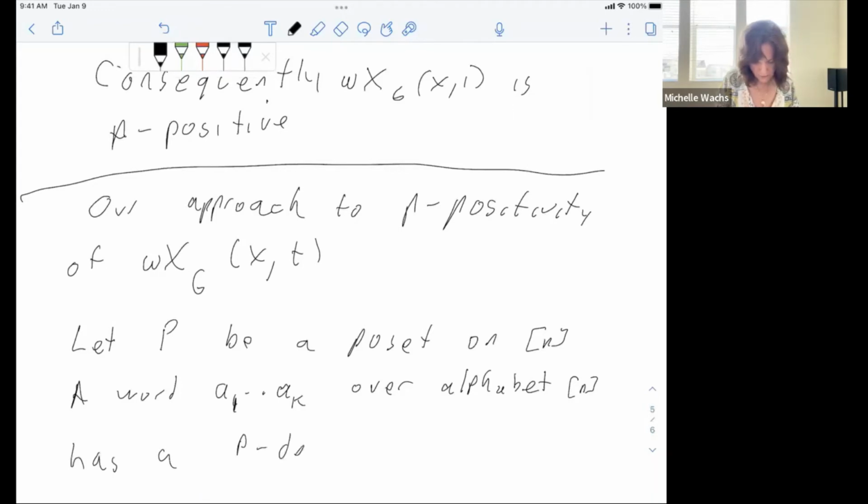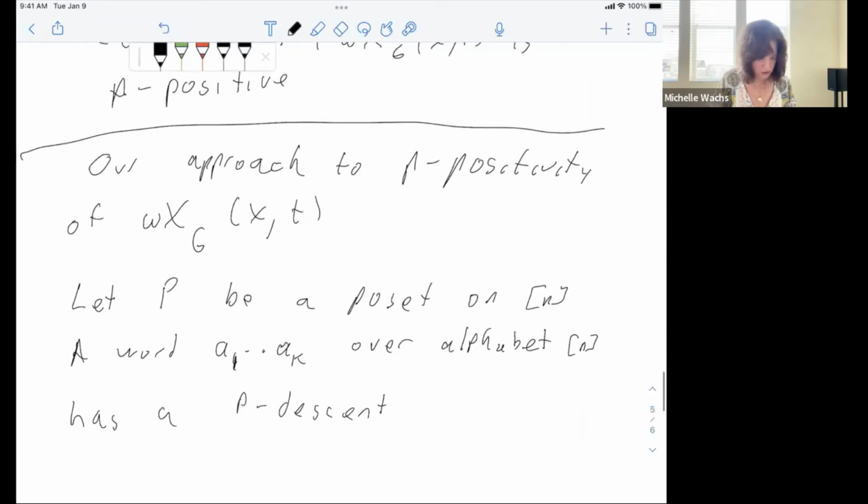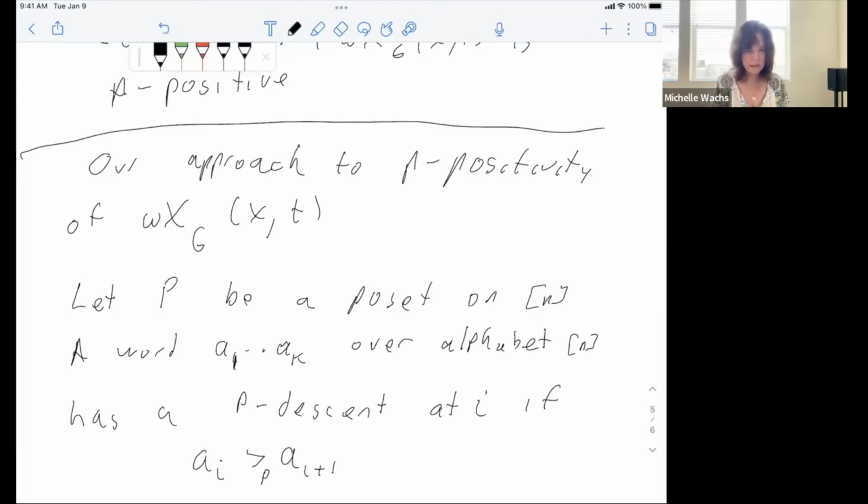That's what I'm defining now, P descent, although John talked about P descents too, at i if a_i is greater than a_{i+1} in the poset. Okay, we call it a P descent.